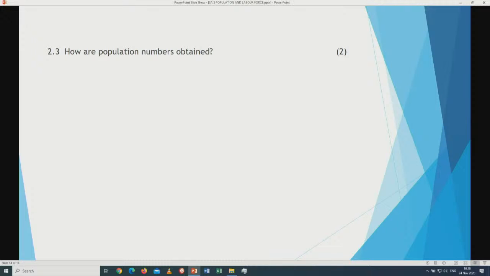Now, this is how the country can obtain population numbers. By using census. What is census? Census refers to the counting of people in a country. Or it can be obtained through population surveys. Right, so this is how you answer a question like this one for 2 marks. We say it's a middle order question, which is moderate, not as simple as the one that says list 2 factors determining the population.